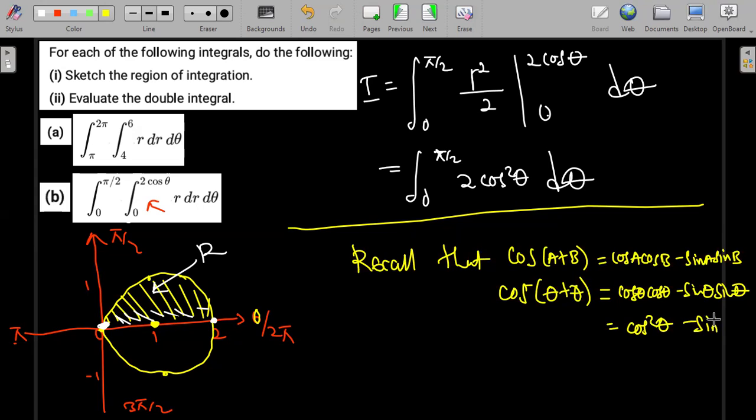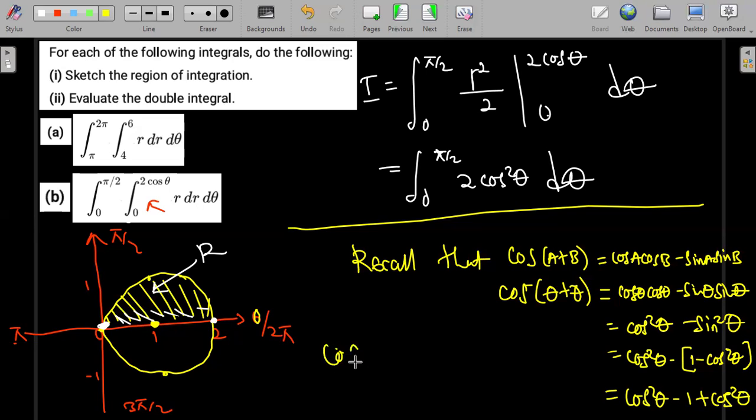So this will be cos squared theta minus sin squared theta. Then I can change this sin squared theta to a cos. Remember, sin squared theta plus cos squared theta is 1. So if I make sin squared theta the subject, I have 1 minus cos squared theta. So this will be cos squared theta minus 1 plus cos squared theta, which is cos 2 theta, equal to 2 cos squared theta minus 1.